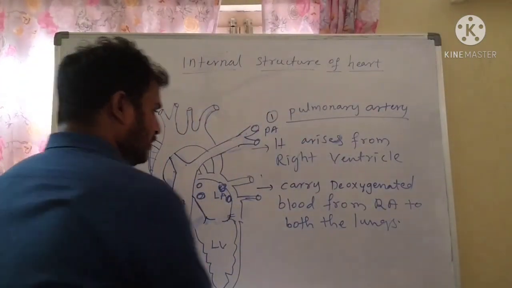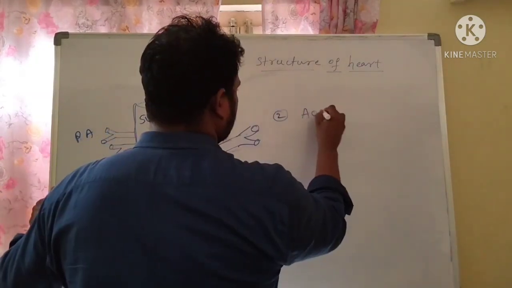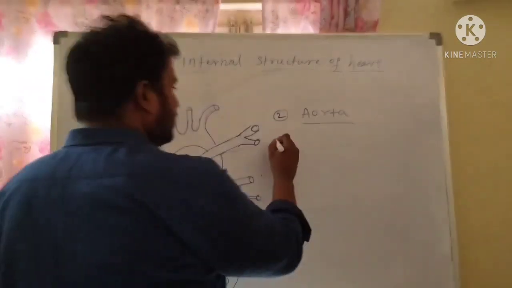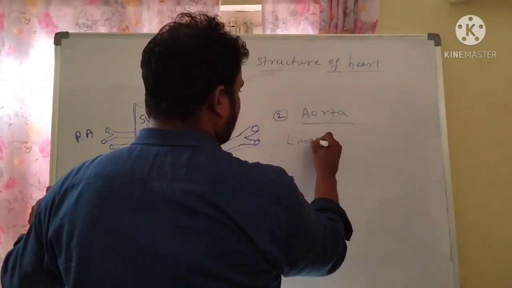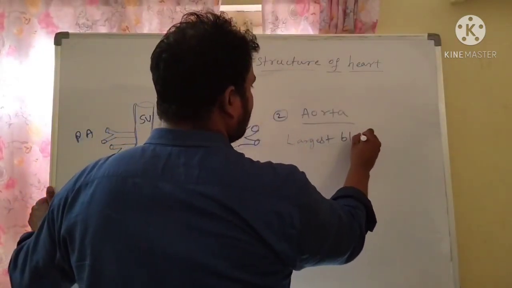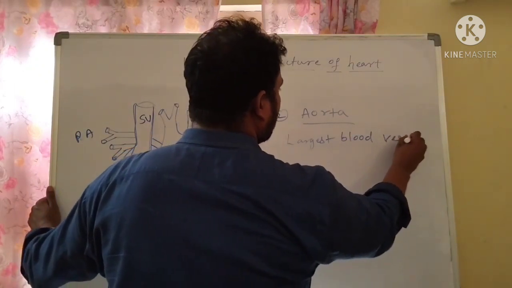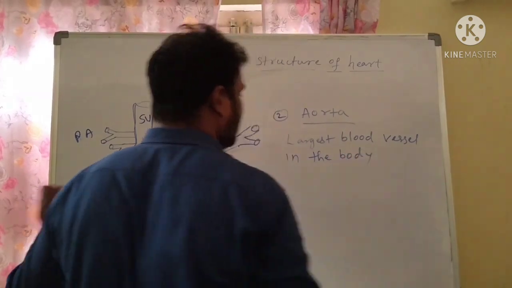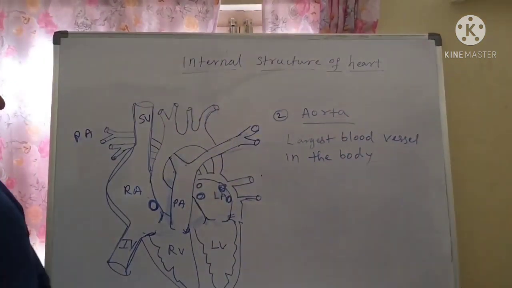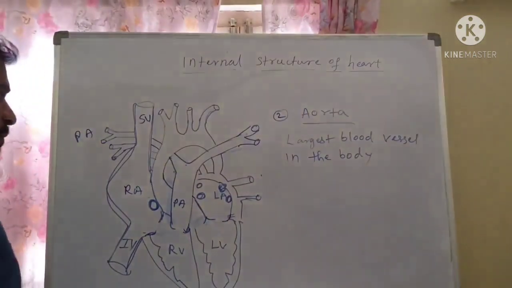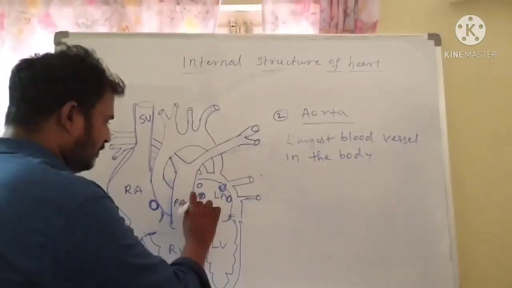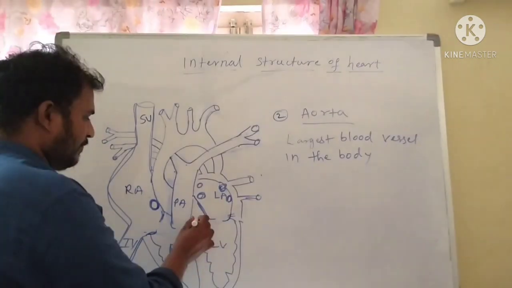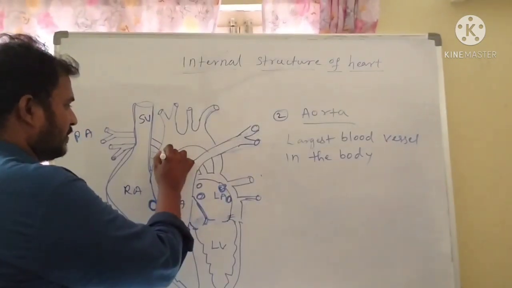And the second one, the aorta. This is the largest blood vessel in the body. This is the aorta.